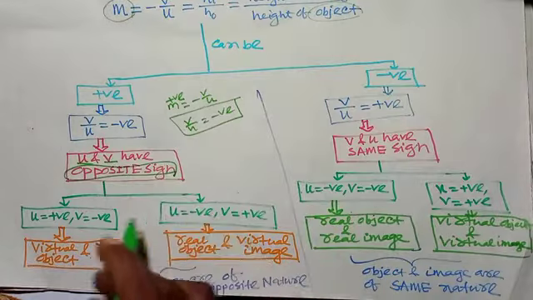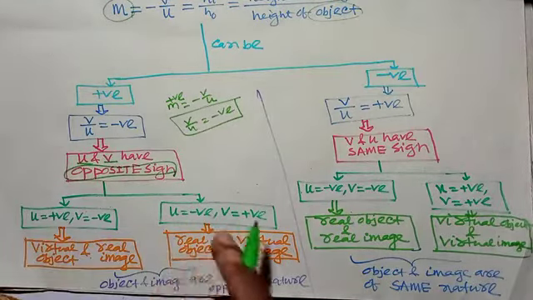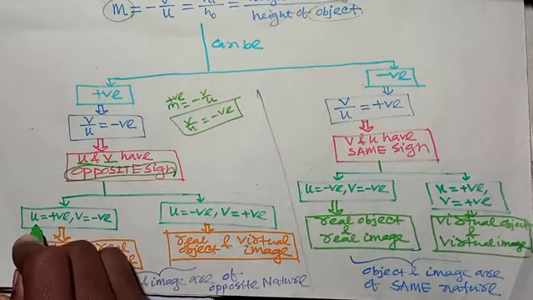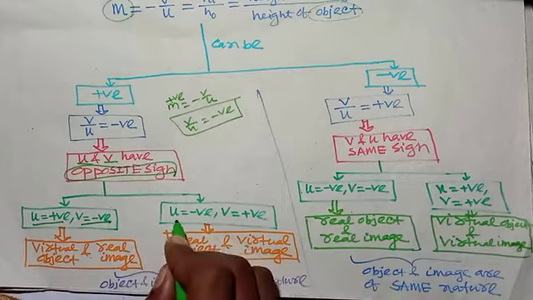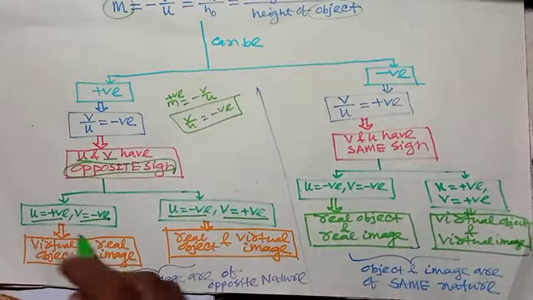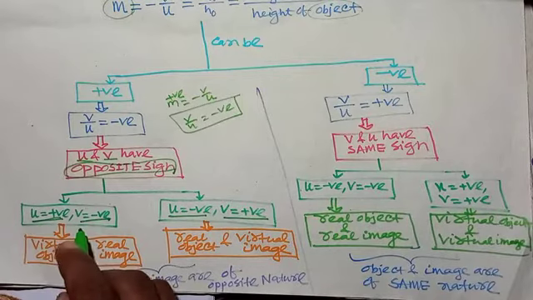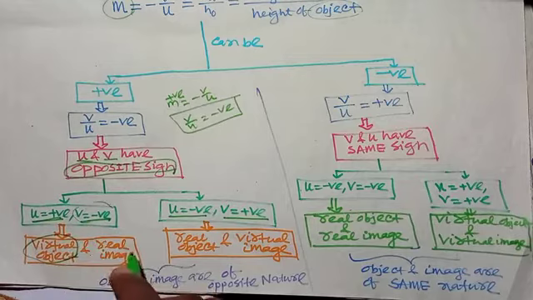Now opposite sign means there are two cases. In one case u is positive and v is negative, in another case u is negative but v is positive. So u positive means it is a virtual object, and v negative means real image.